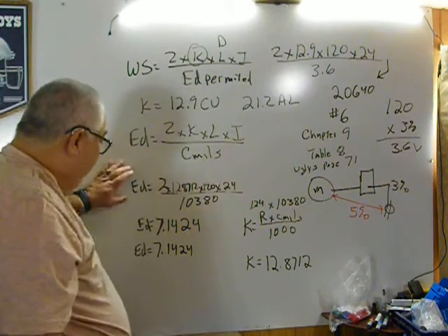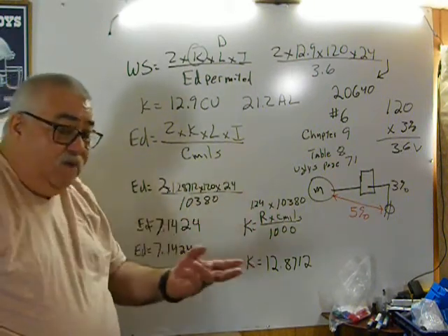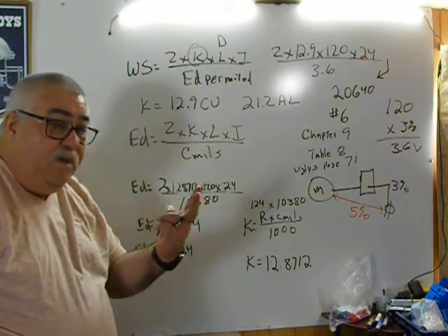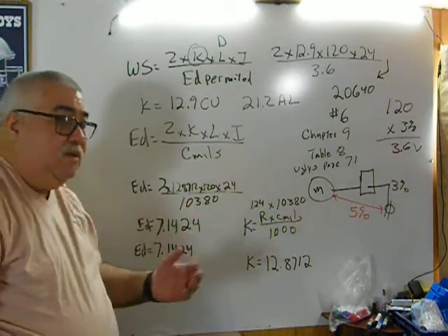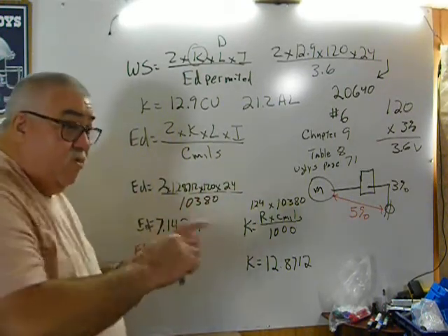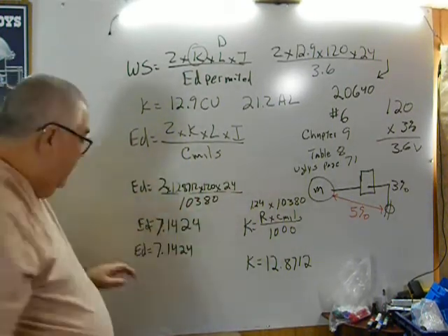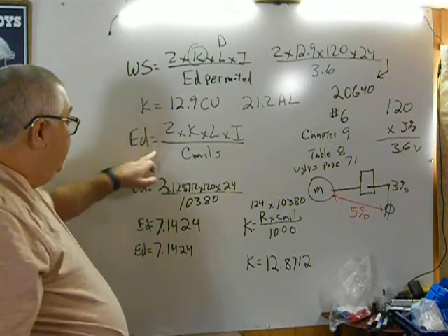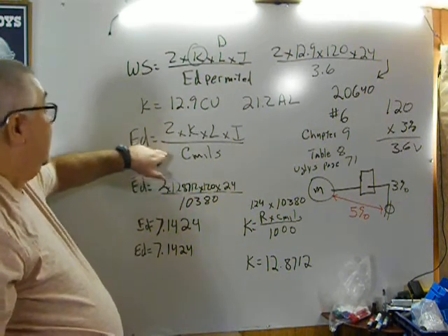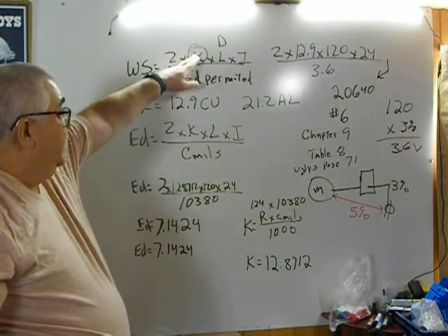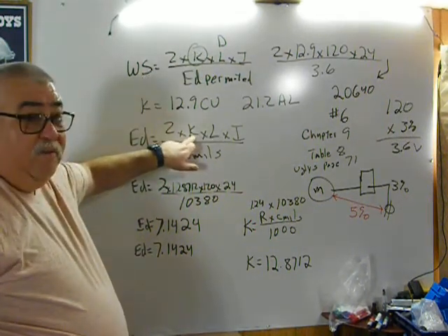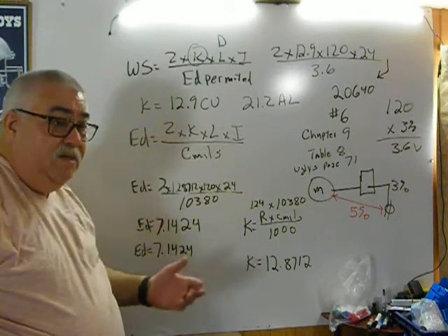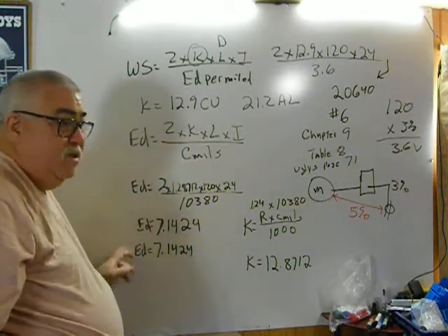The first time I showed you two ways of doing it, and it's basically the same formula. You're just doing it one time instead of coming to the side. And I came up with a voltage drop of 7.1424. Now I'm showing you a different way. This one has a circle because that's approximate. This one doesn't have a circle because it is exact.